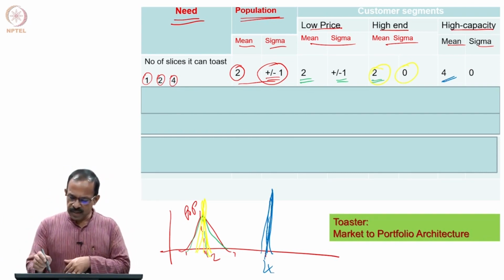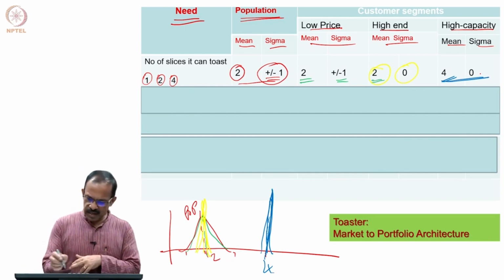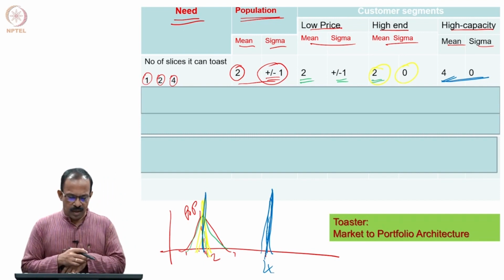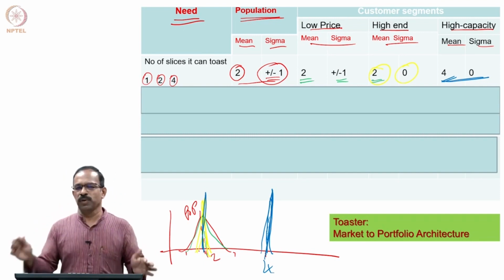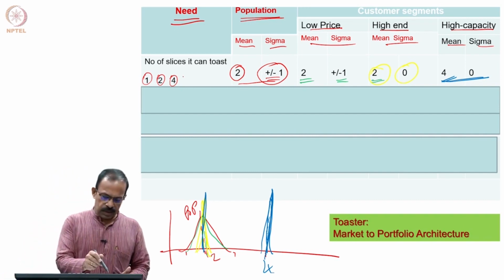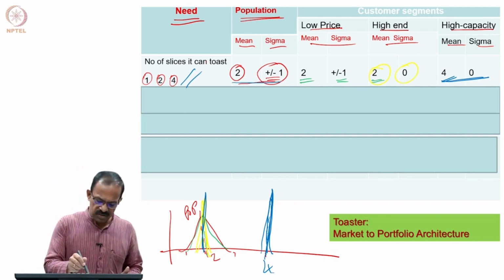So, you can see the high capacity segment says their requirement is 4 slices, and the high end segment says their requirement is 2, but low price says we are ready with 2 plus or minus, we do not really care whether it is 3, 4 or 2, and they are worried more about something else.